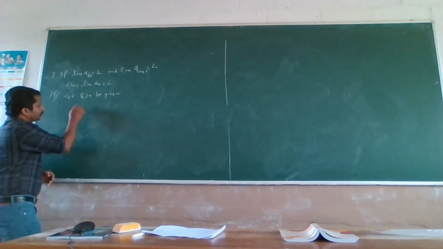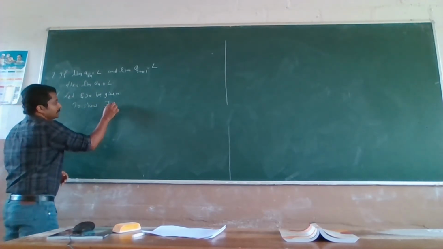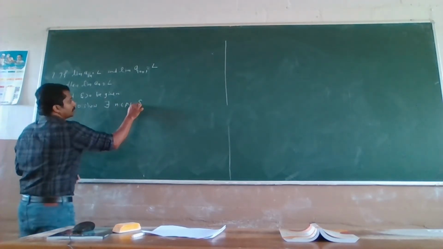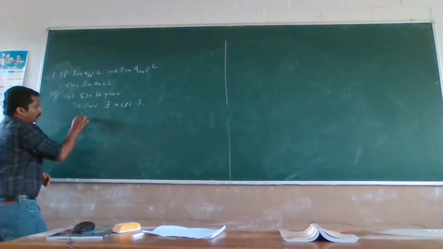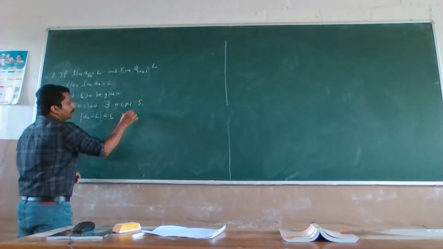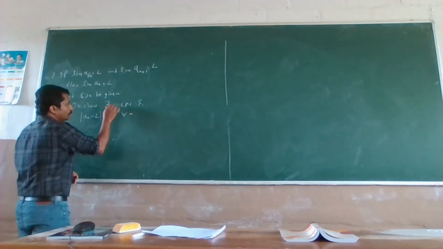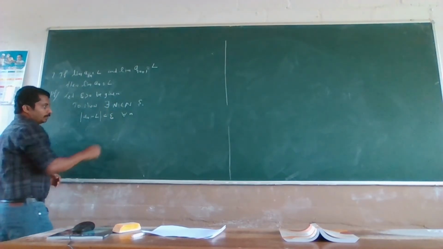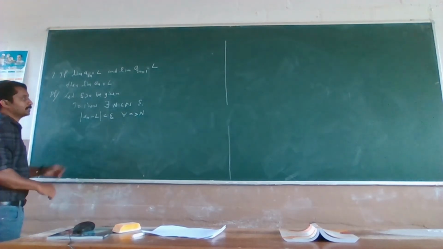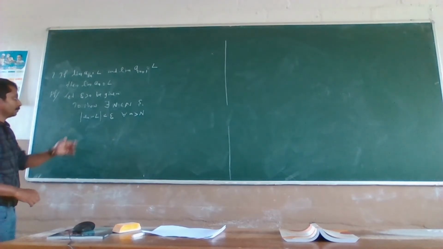We want to show that there exists a natural number N such that modulus of a_n minus l is less than epsilon for every n greater than this N. This is what we need to prove by the definition of the convergence of sequences.